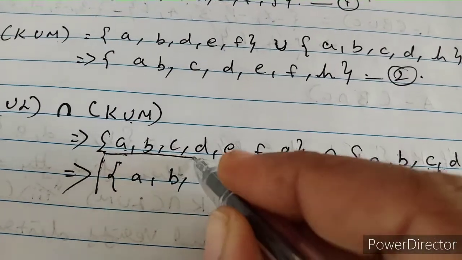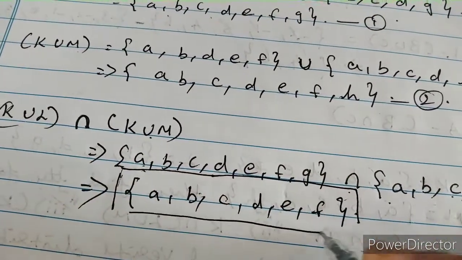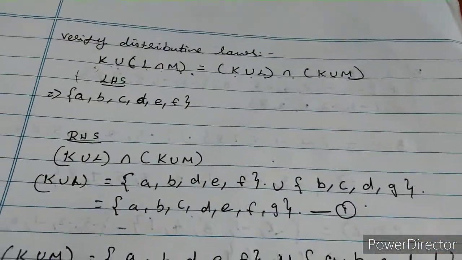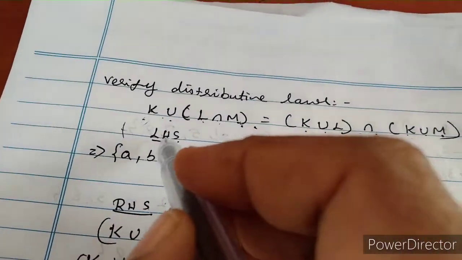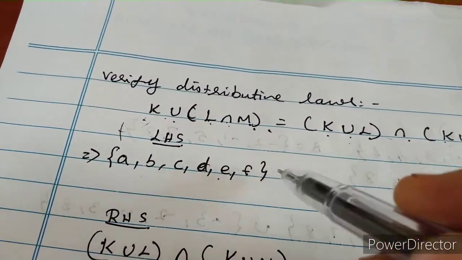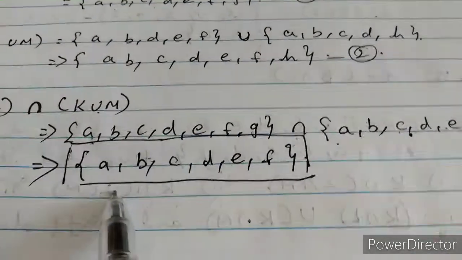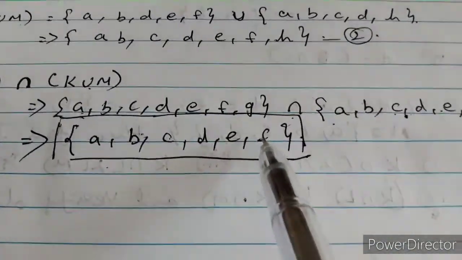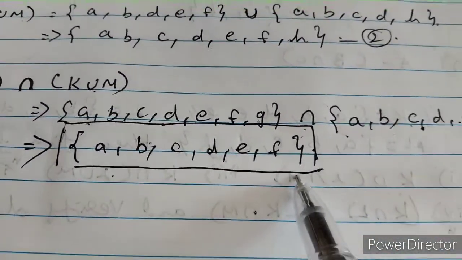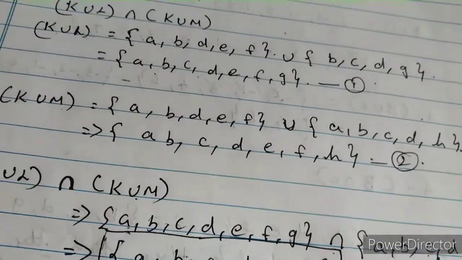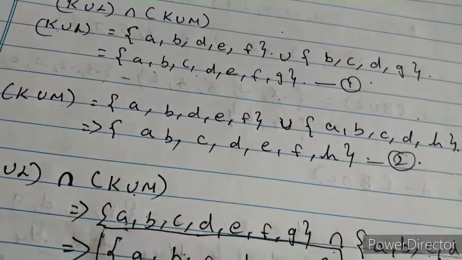If you see the right hand side and the left hand side, both the answers are the same. Your left hand side is A, B, C, D, E, F and your right hand side answer is A, B, C, D, E, F. Therefore, LHS is equal to RHS, verified.